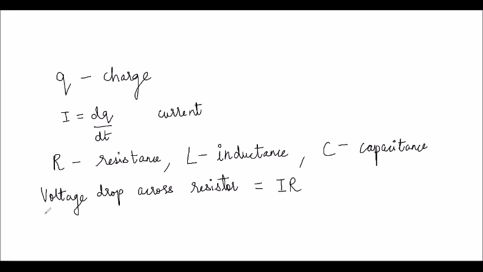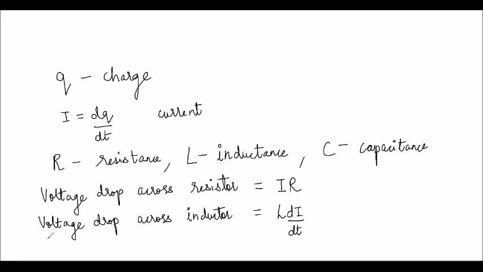Voltage drop across inductor having inductance L is given by L dI by dt.